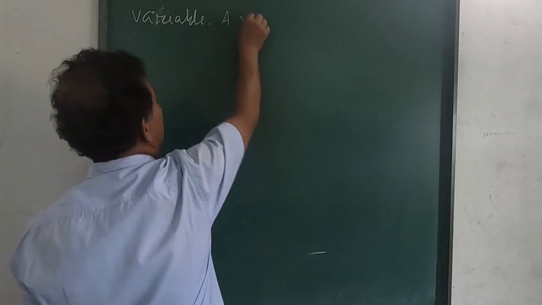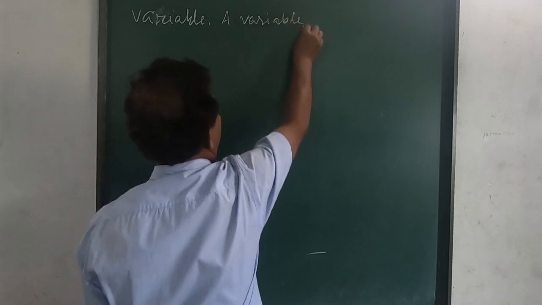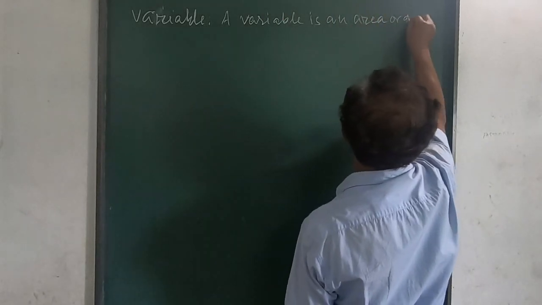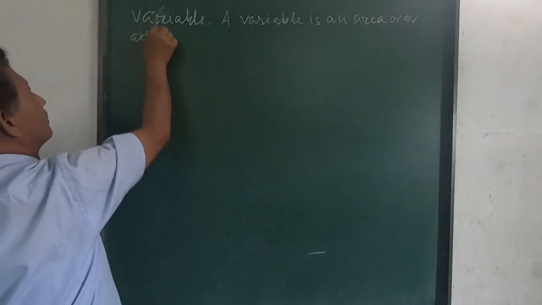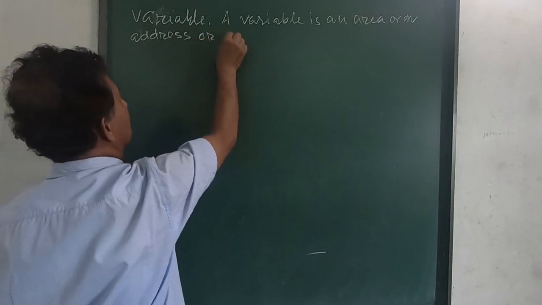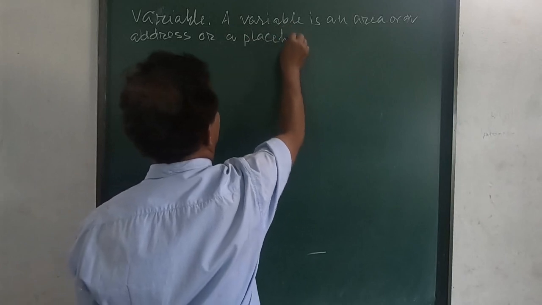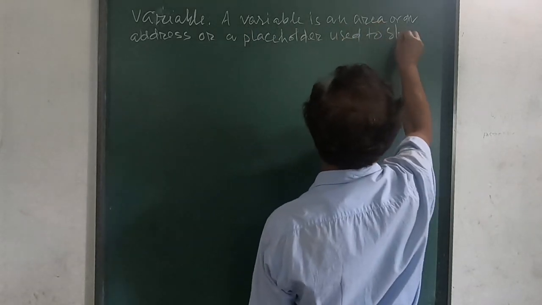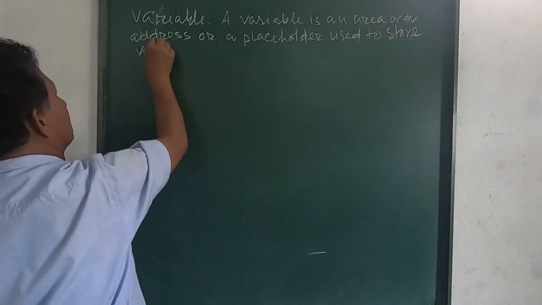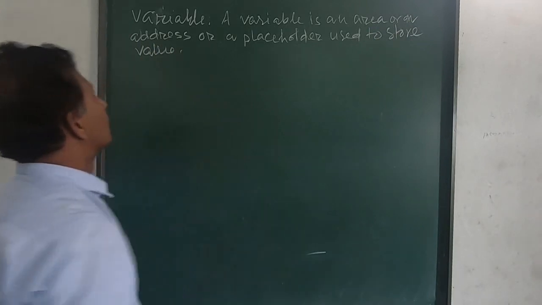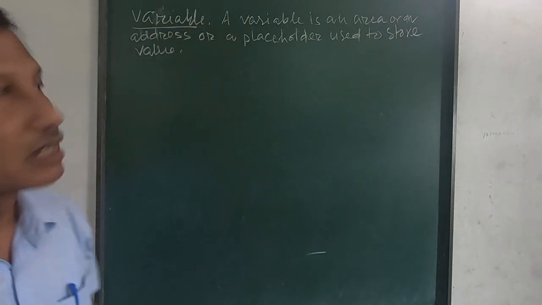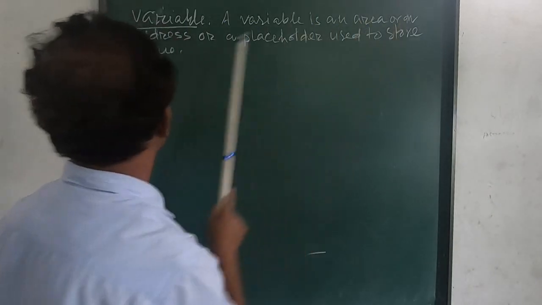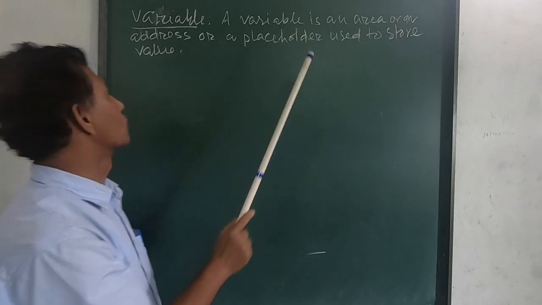So what is a variable? A variable is an area or an address or a placeholder used to store value.